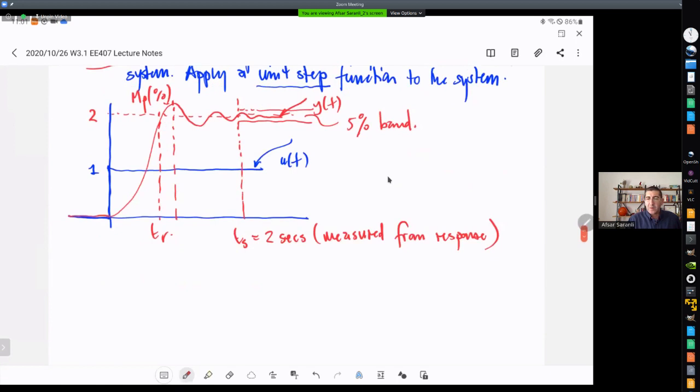Now, obviously, given the settling time, and given that I already have partially a system model, I can try to determine model parameters. Can I determine A from this measurement?